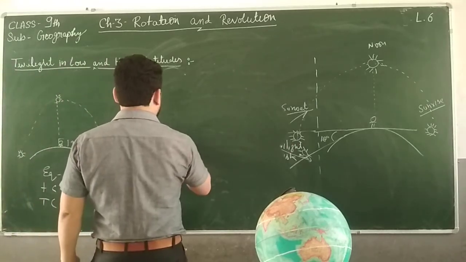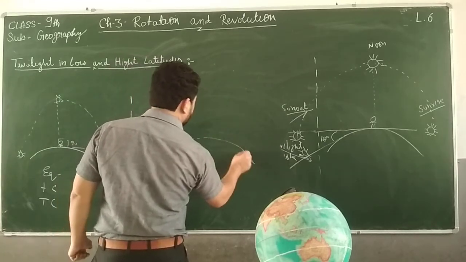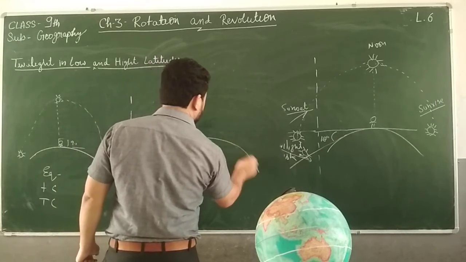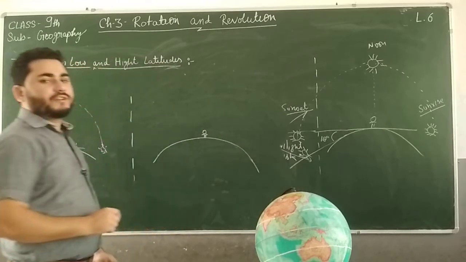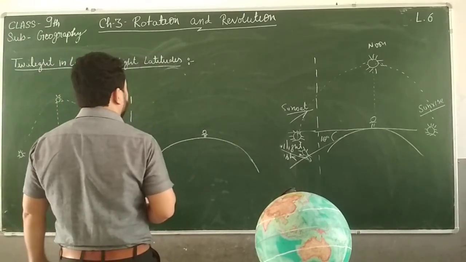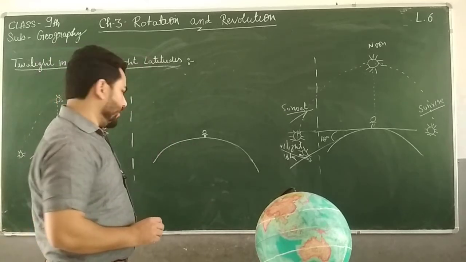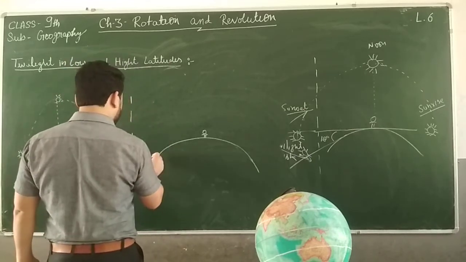And places which are at higher latitudes, at 50 degree, 45 degree, or 60 degree or 90 degree, their angle of incidence is very low.